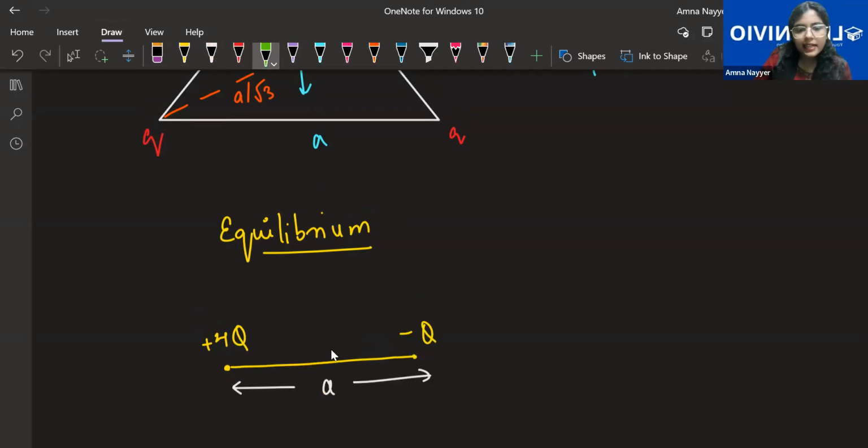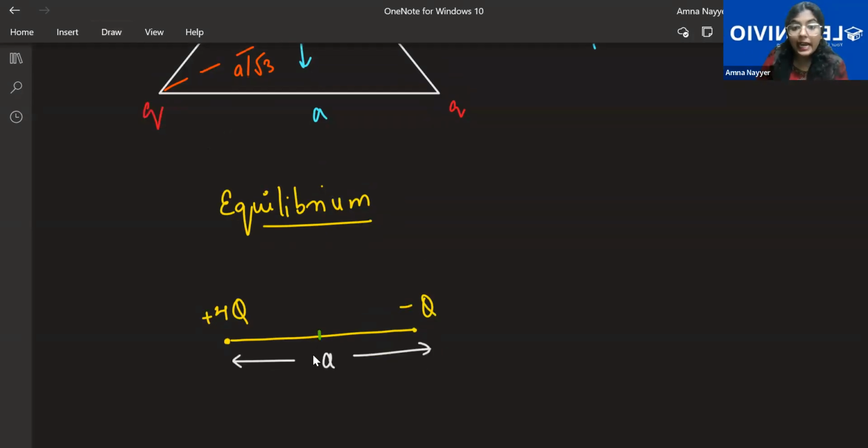At the center, when you are calculating the net electric field, the fields will get added. This is the difference. Why? Electric field due to this positive charge, where will it go, towards A or towards B?